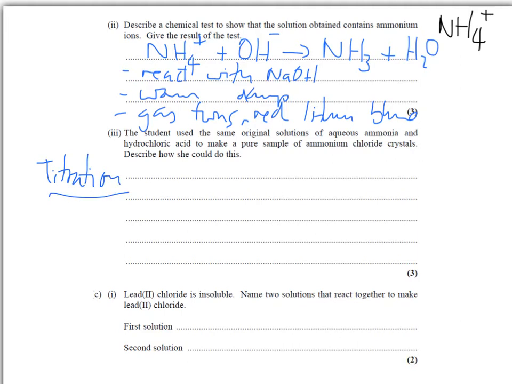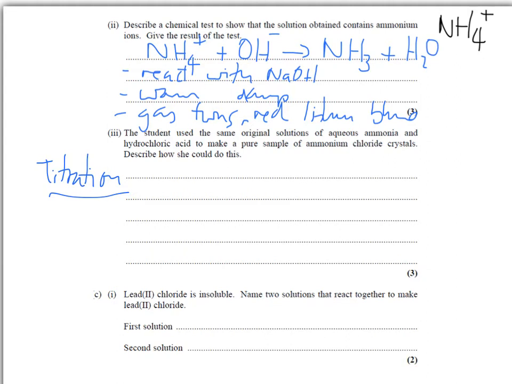Okay, now earlier in this question there was a little bit of work on titrations, so here I'm not going to go through the full titration method, but talk about measuring out a specific volume of ammonia into a conical flask, putting hydrochloric acid in the burette, adding the hydrochloric acid dropwise until a neutral point has been reached.